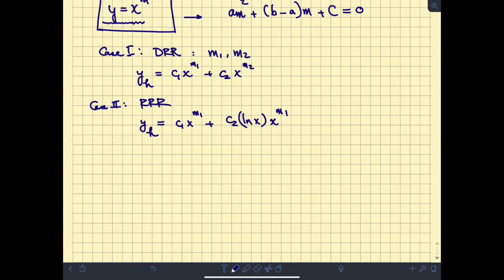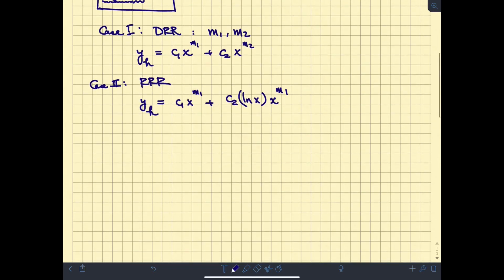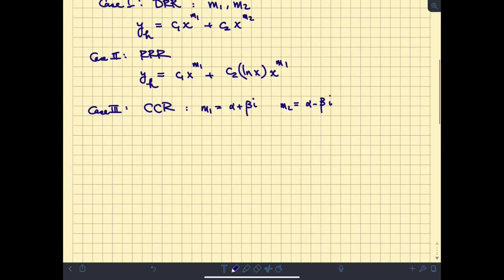Now, ultimately, if I have complex conjugate pairs as my solution, that'll be case 3. So here I have complex conjugate roots. My roots are M1 equals alpha plus beta i, and M2 equals alpha minus beta i. If that's my solution to the characteristic equation, my homogeneous solution will be written as x to the power of alpha.